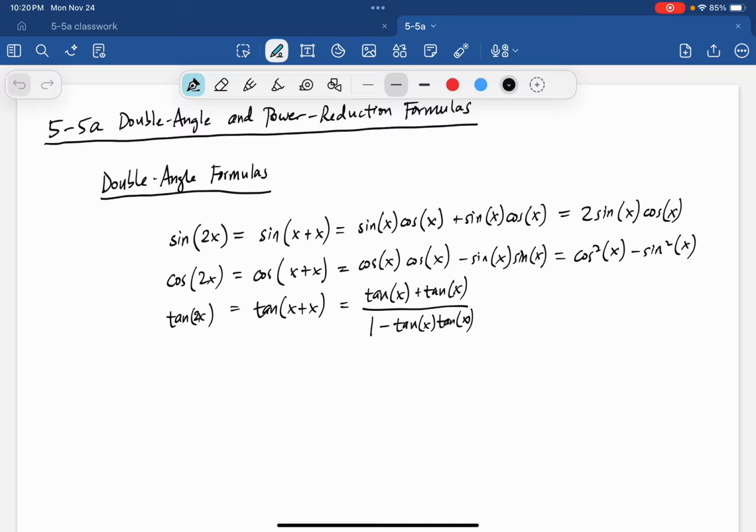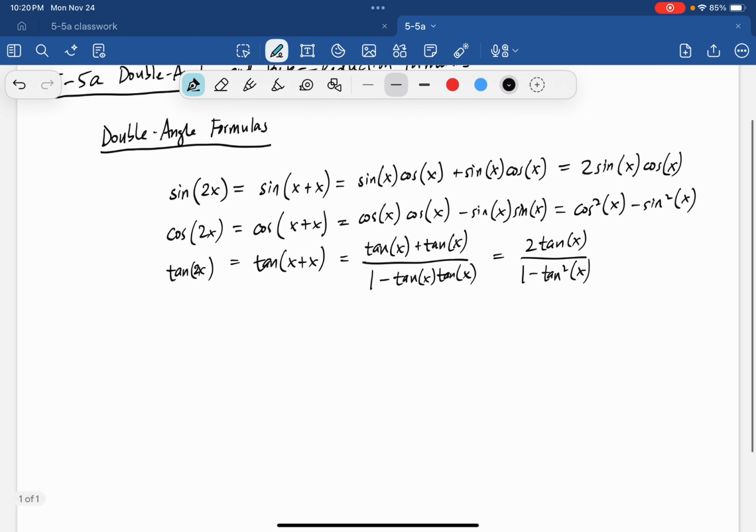In all of these cases, we've simply replaced the y in our addition formulas instead with the x. And so that means tangent x plus x is 2 tangent x over 1 minus tangent squared x. Okay, and so those are going to be our double angle formulas.